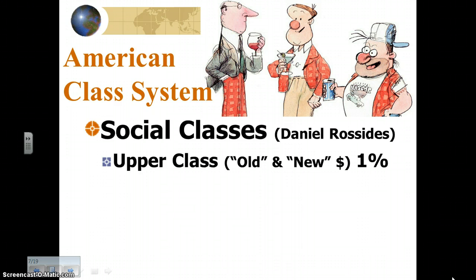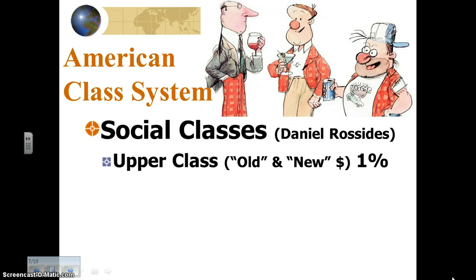We'll talk about income for these classes, but I want you to understand that there's no hard and fast rule on income. I'm going to give you some estimates that we basically look at, but a lot of it depends on how many people are in the household and that sort of thing.